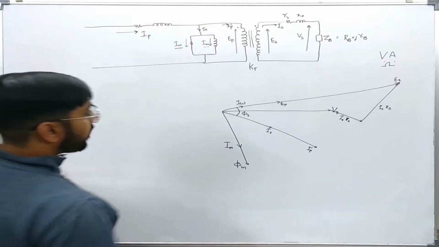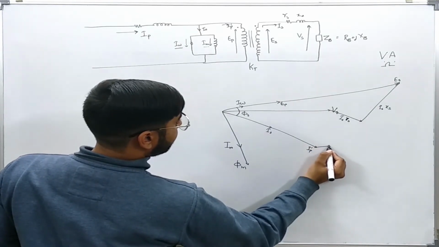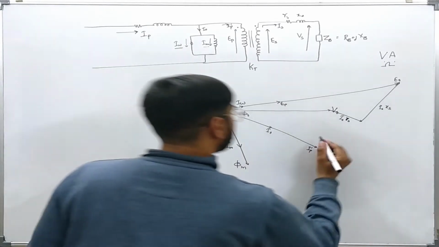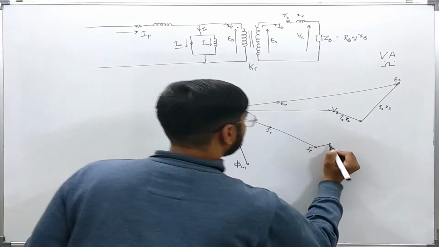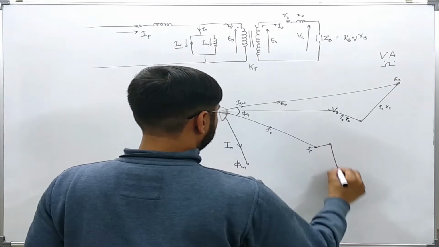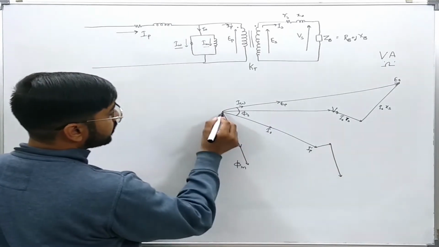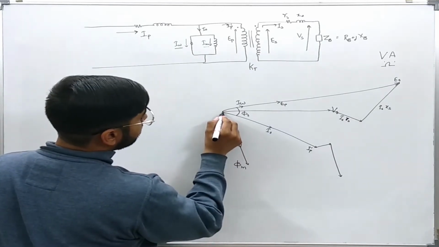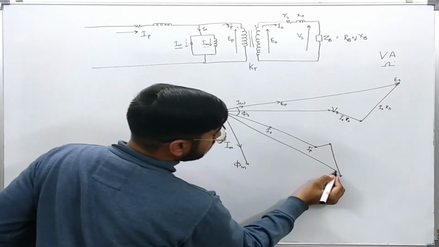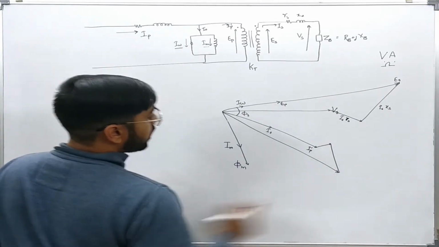Now IO can be found out by adding IW and IM, and adding this to IP dash will give me IP.